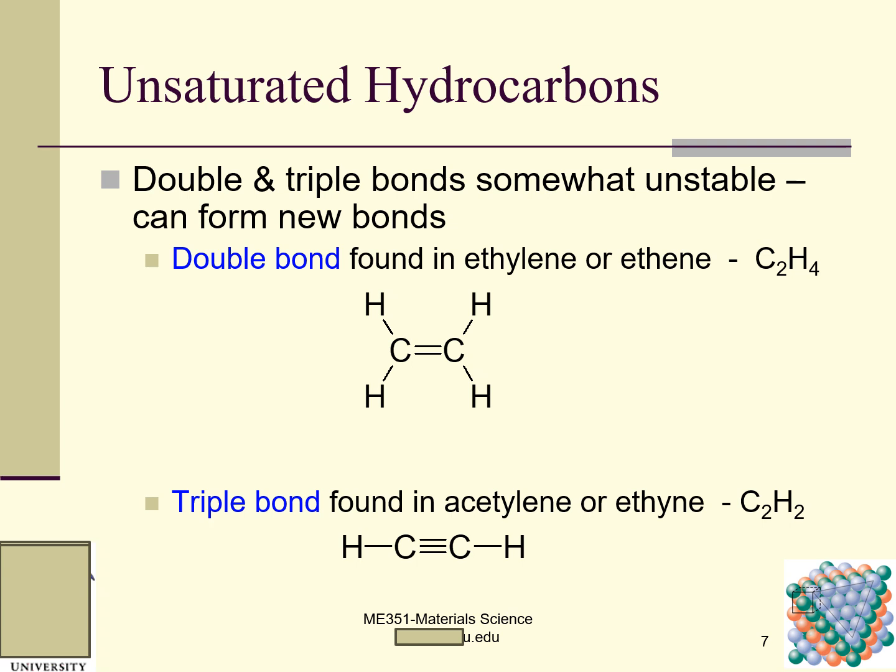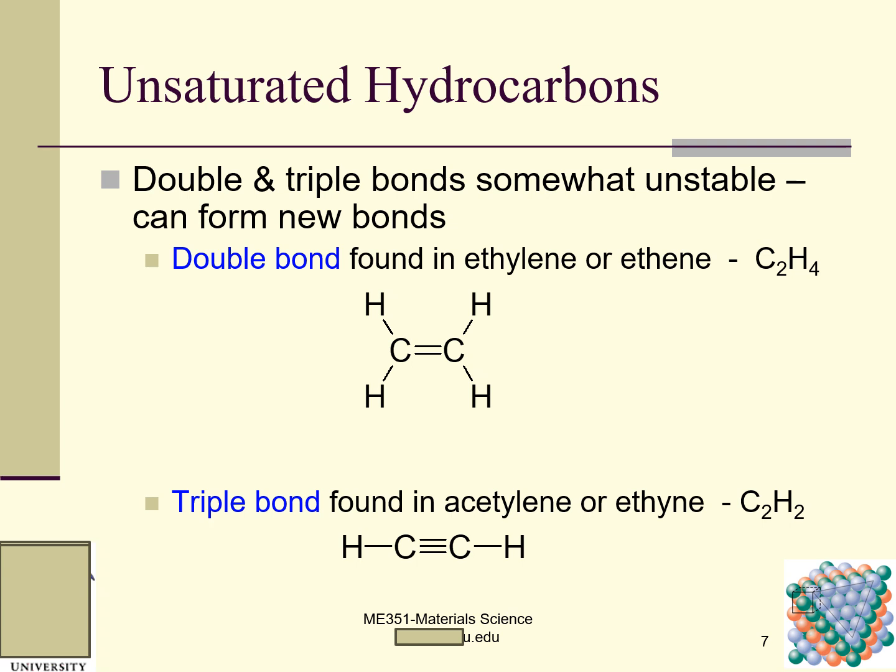As I said, the double or triple bond is not stable and somewhat unstable. That means chemically they are active. That means the carbon has a tendency to have chemical reactions with neighboring items in order to achieve a more stable state.